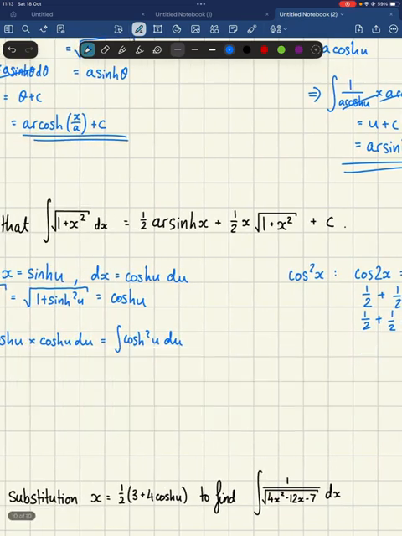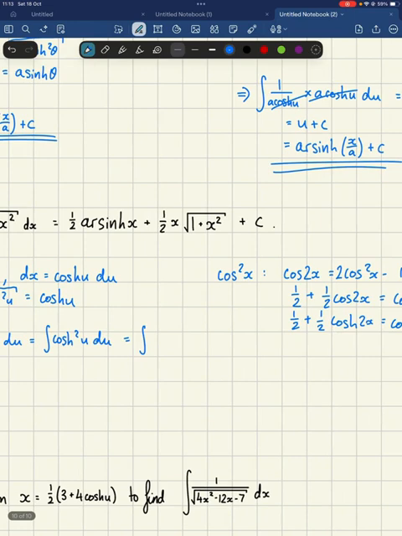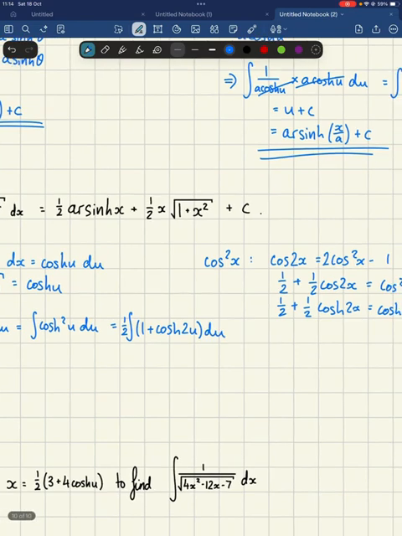So our integral is the integral of a half plus a half cosh 2u. Well, we can factor out the half and put it outside, so we get a half times the integral of 1 plus cosh 2u du. Well, now this is easy to integrate. We're going to get a half lots of the integral of 1 du, which is just going to be u, plus the integral of cosh 2u.